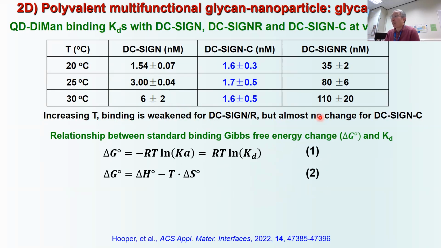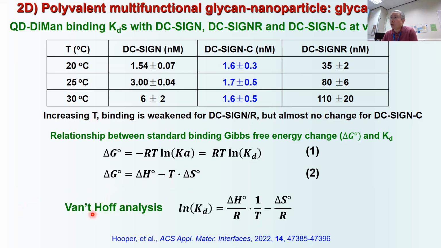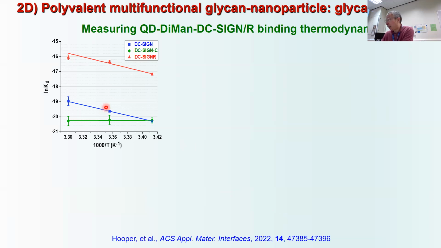Then we can combine the Gibbs free energy relationship, combine these 2 equations, and do the van't Hoff analysis using log KD versus the inverse of the temperature. We should get a linear relationship. The slope corresponds to delta H divided by R, and the intercept should be minus delta S divided by R. That is the van't Hoff plot.